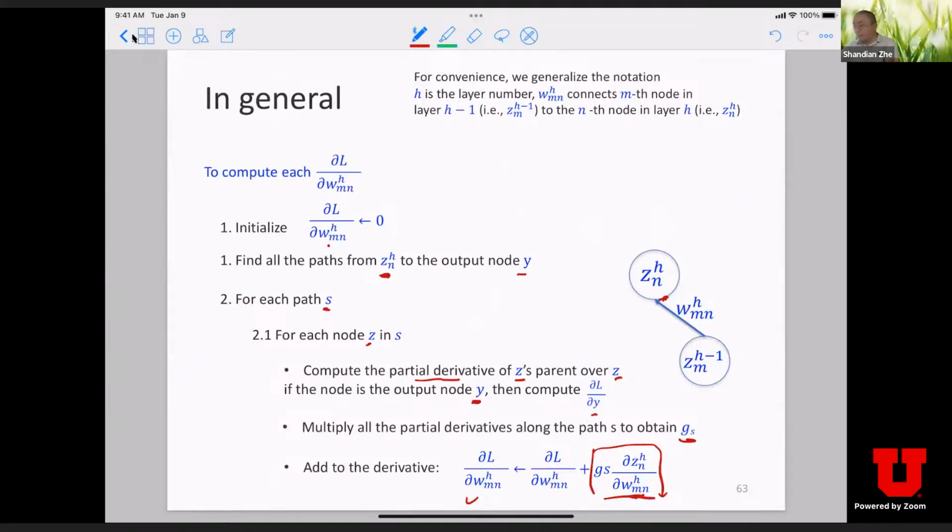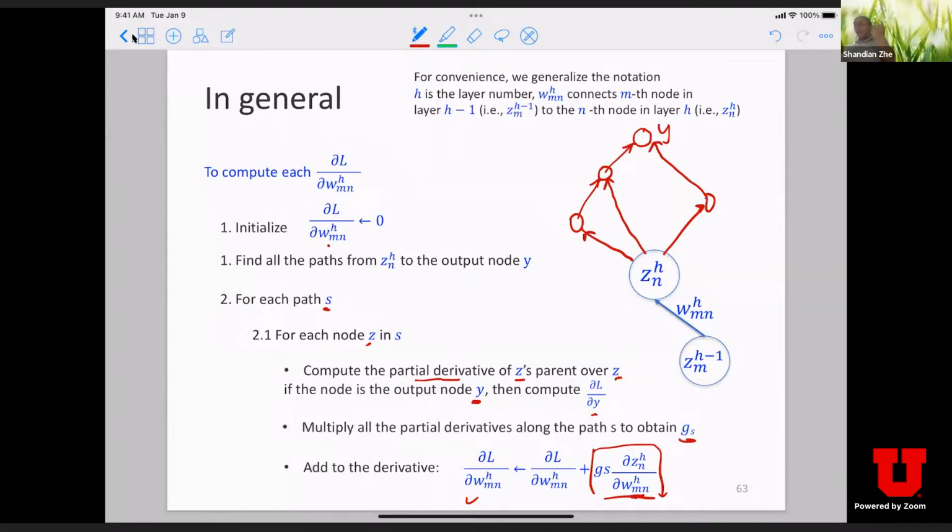To give a concrete example, let us randomly draw some example. Suppose this is Y. I just look at ZNH. How many paths connect ZNH to Y? Suppose there are 3 paths, and I'm going to just randomly draw them.